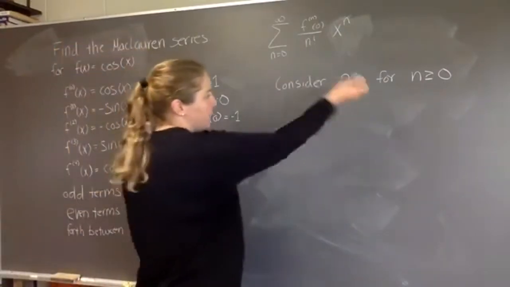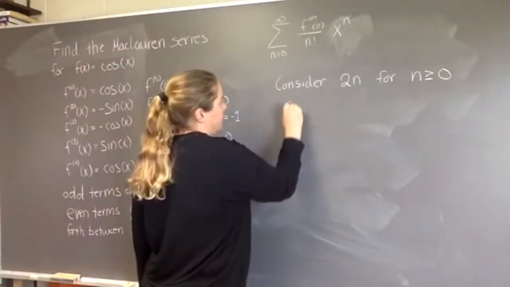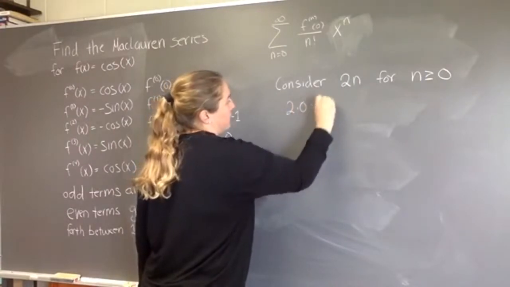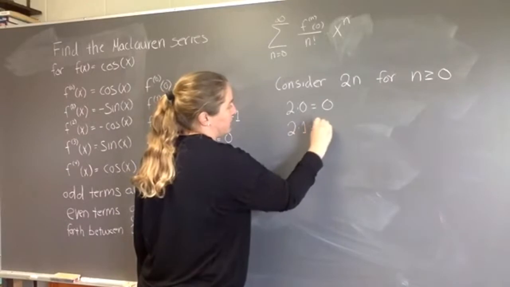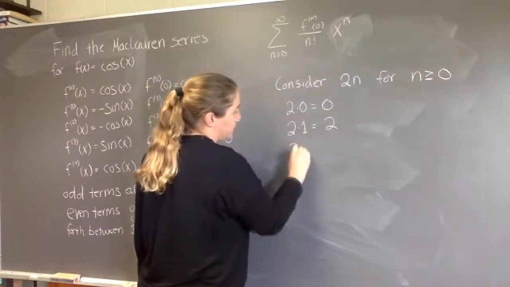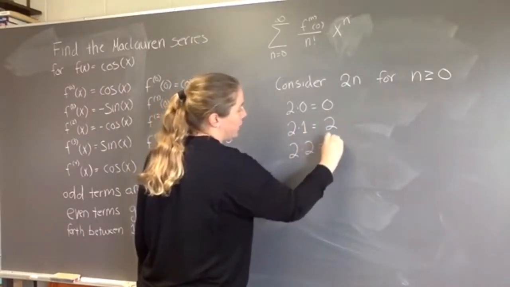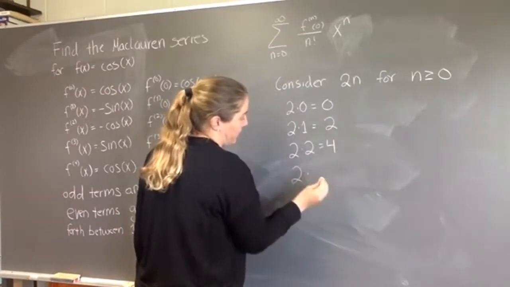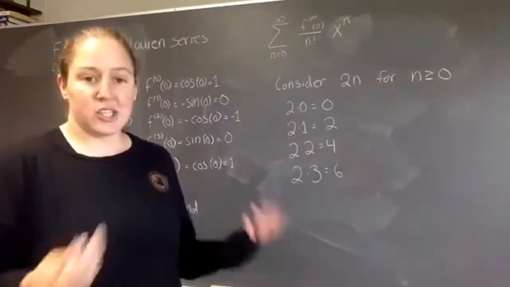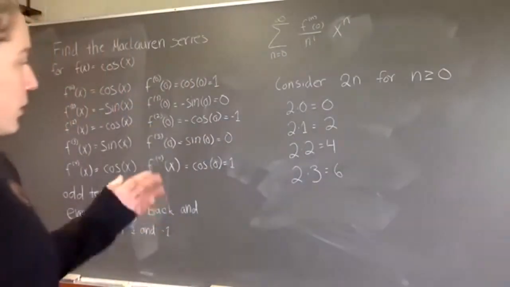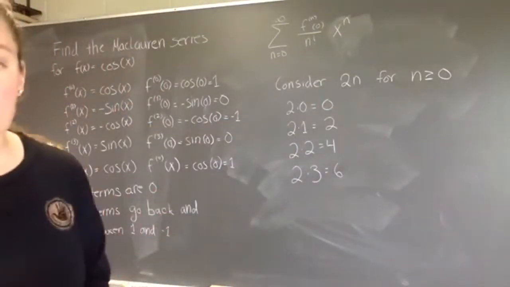So if n is 0, 2n is 0. If n is 1, 2n is 2. If n is 2, 2n is 4. If n is 3, 2n is 6, and so on. So by just saying 2n instead of n, we're going to just consider the even terms.